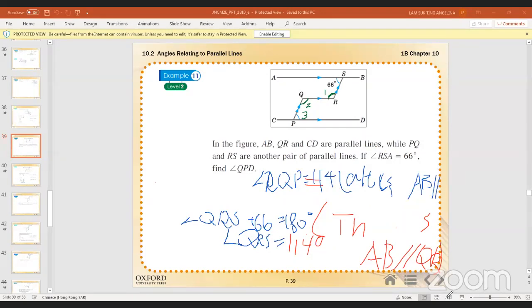Really? It says AB alternate angles. Look at it clearly.